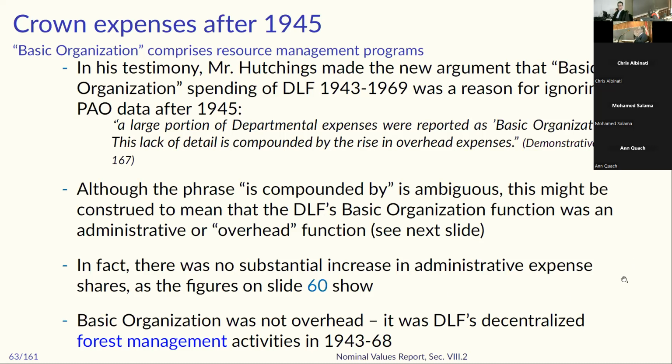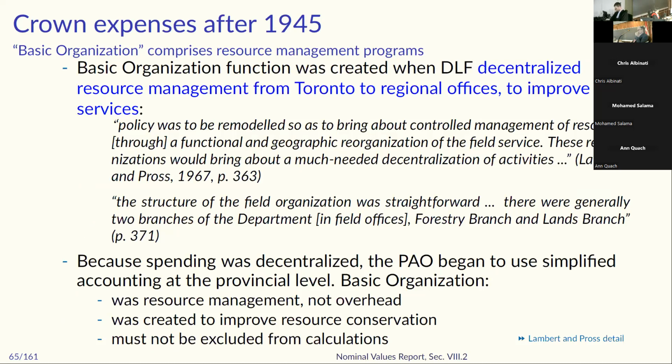And let's turn to slide 65. Please tell us about slide 65. So I'd like to support the statement that I just made, that basic organization was resource management. It was created when the department decentralized its resource management activities from Toronto to the regional offices. That certainly happened and led to the change in accounting.